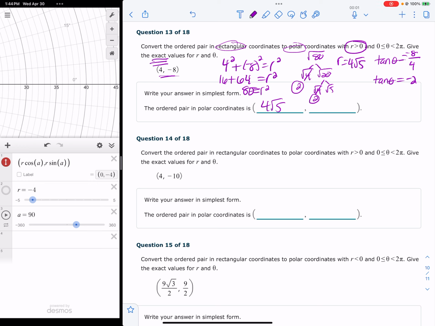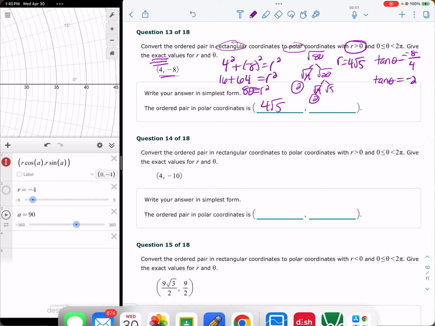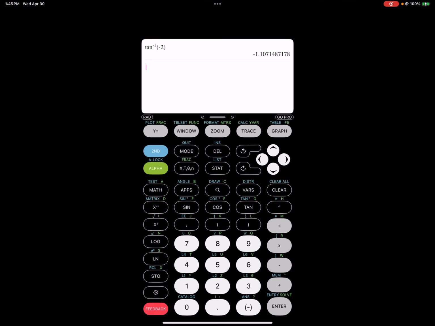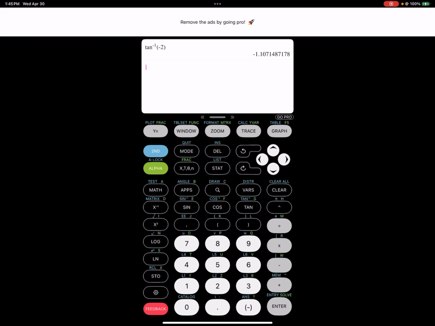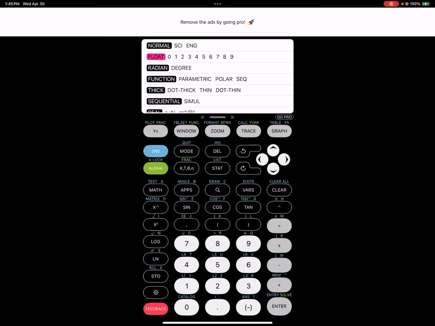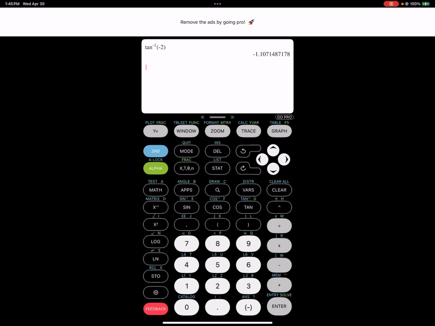And negative 2 is not a value that we have in our triangles. So this is one that doesn't have an exact value. One of the ways you can tell for sure is to put your calculator in degree mode and then do the inverse tangent, and you can see that it's negative 63 degrees and something degrees.